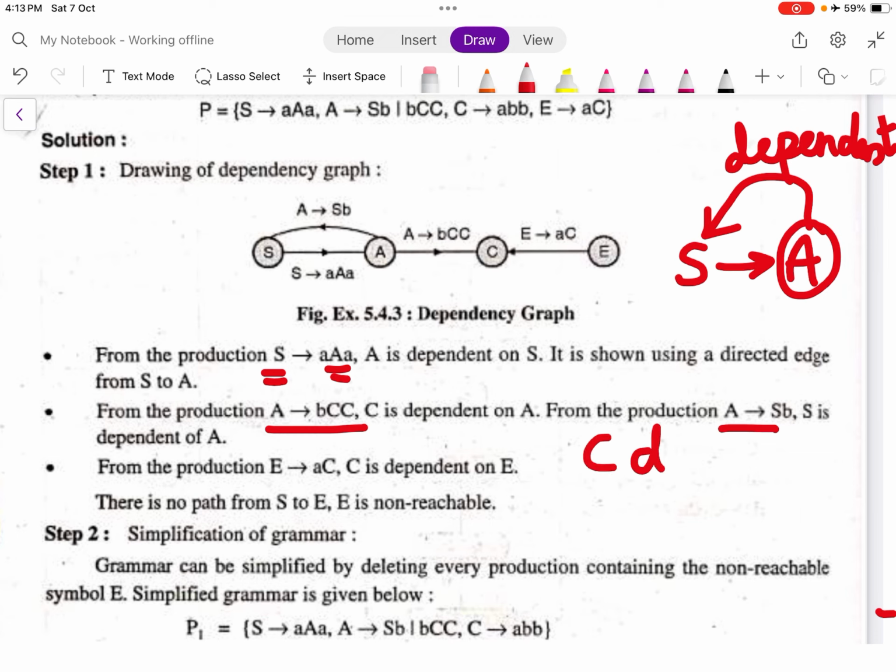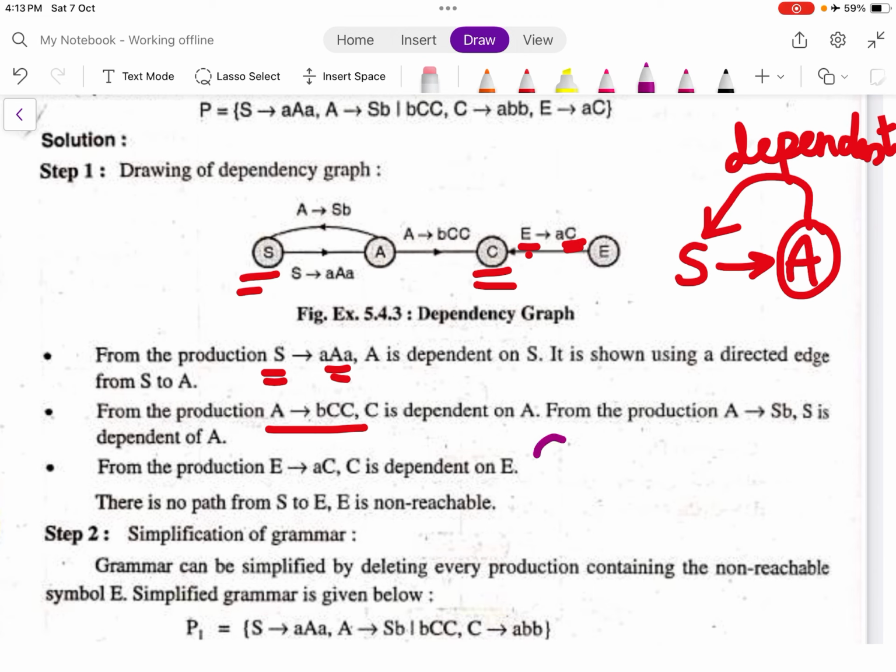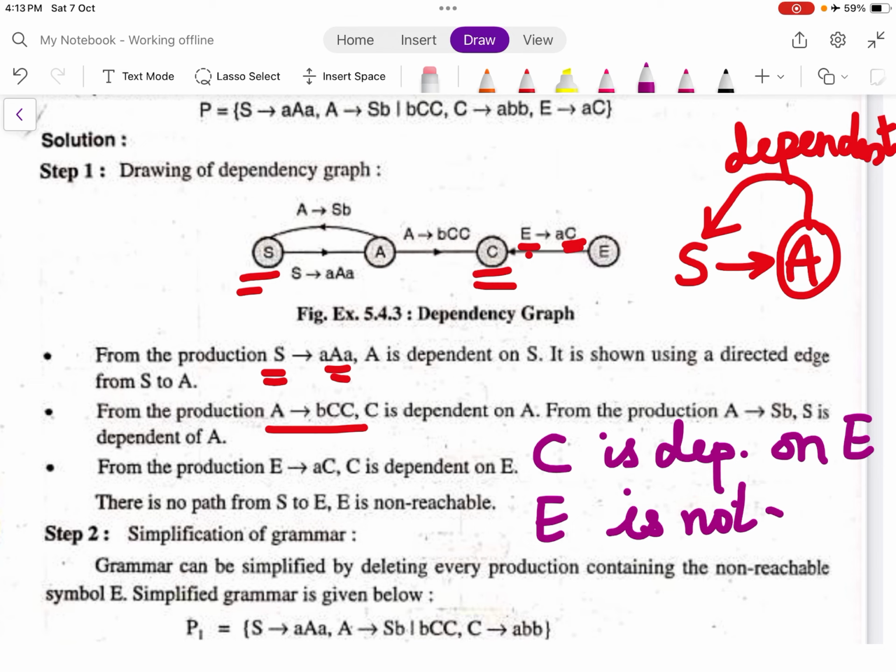So what are they saying? That C is dependent on A and A is dependent on S. So indirectly C is also dependent on S. So you can reach S using C. From production E, AC, C is dependent on E. So we'll write here C is dependent on E, but E is not dependent on S. So we say that E is non-reachable.